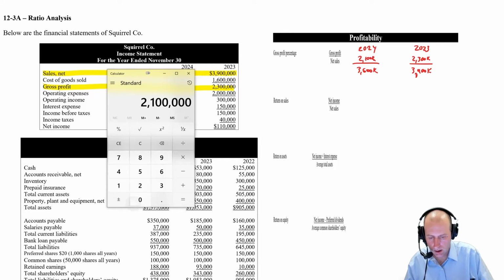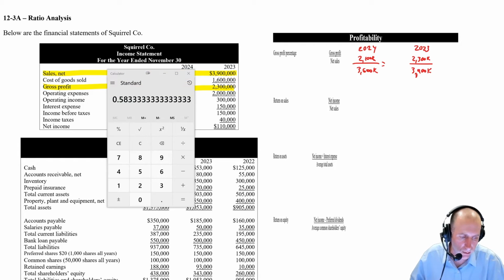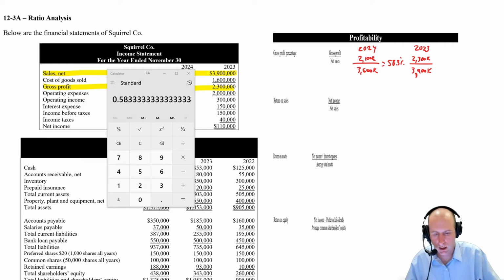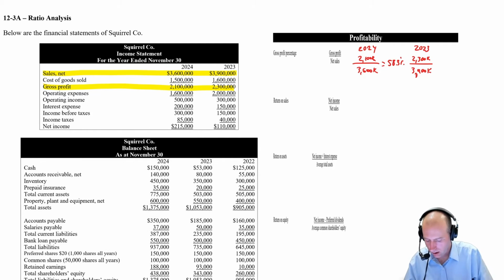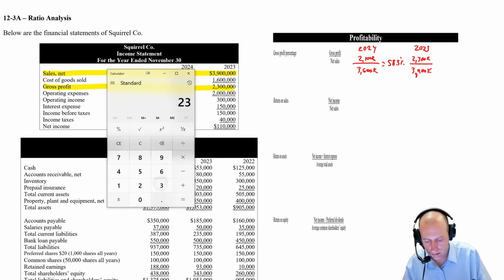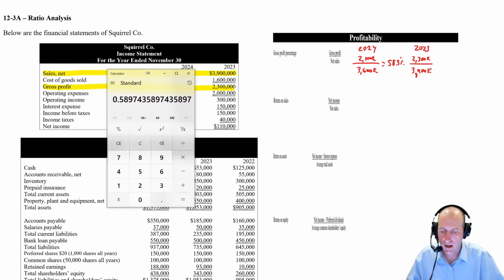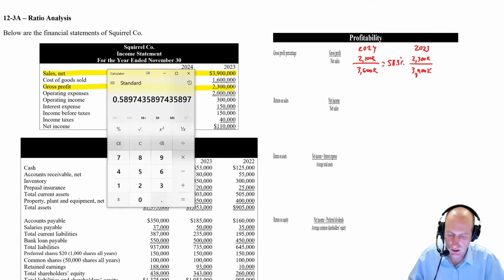2.1 million divided by 3.6 million. This is our margins, right? This is our markup. We're able to mark up, so 58% of our sales turn into gross profit. 58.3% this year, and last year, let's crunch that number, 2.3 divided by 3.9, basically 59% last year.